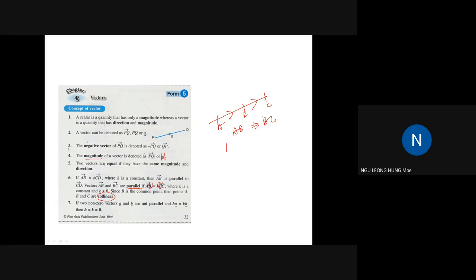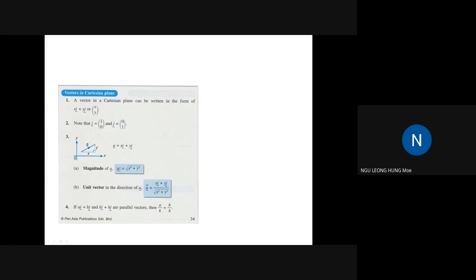But then AB, BC is also collinear. The ratio: if not parallel, then h and k equal to 0. This one should be no problem.